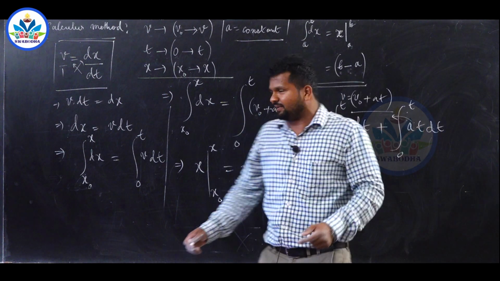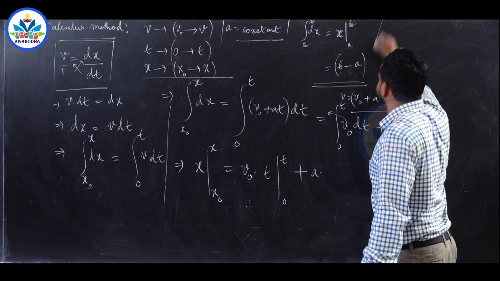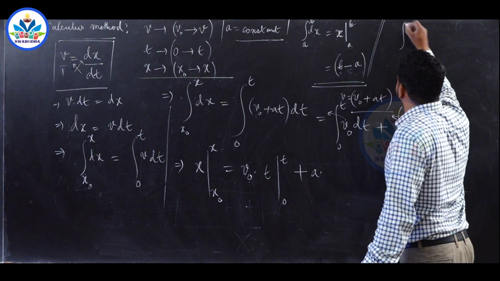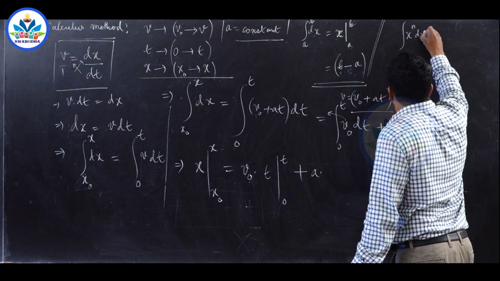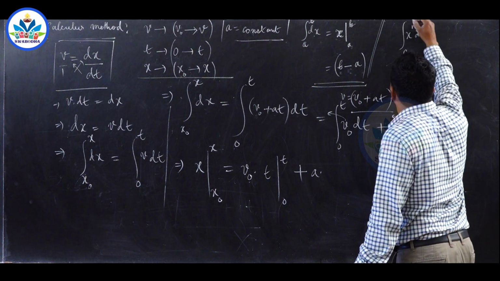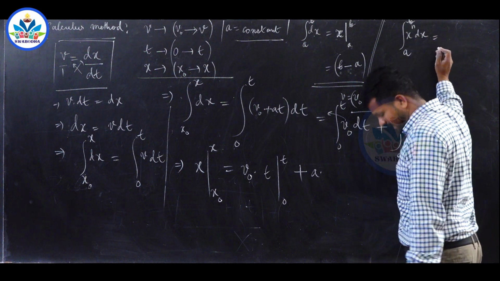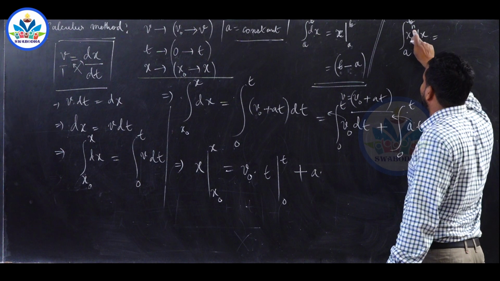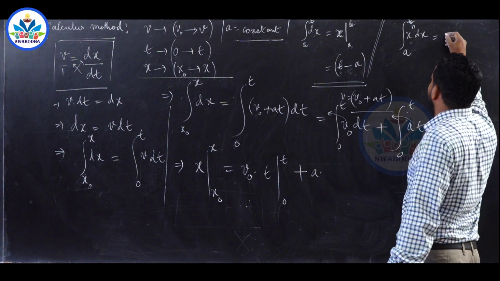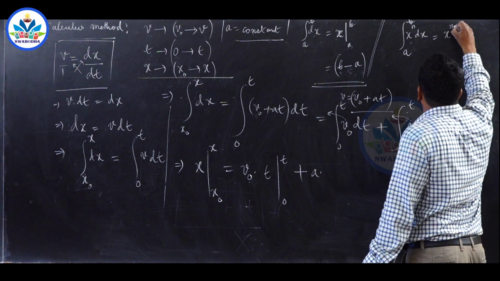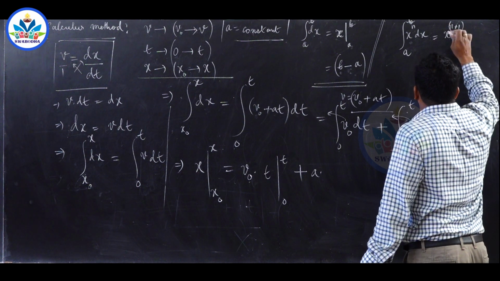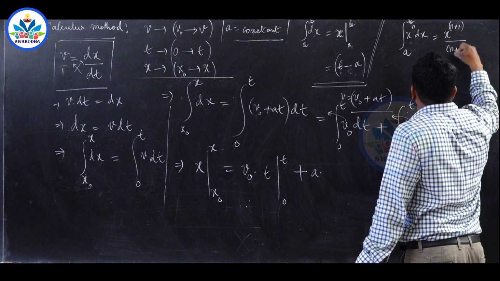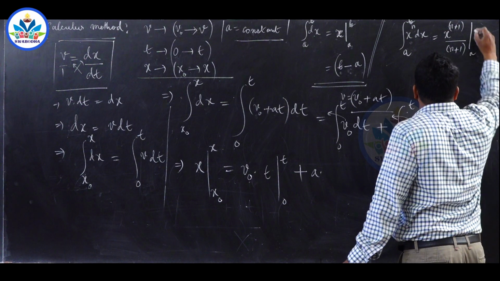Integration of t dt. For this you must use another formula. Integration of x power n dx between the limits a to b. If n is an integer, the integration formula is x power n plus 1 divided by n plus 1 between the limits a to b.